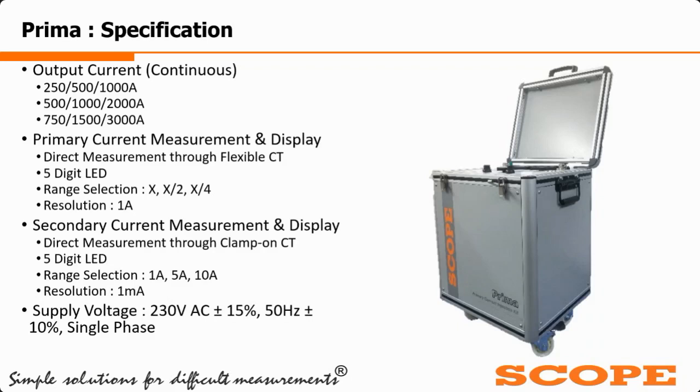If CT secondary is 5 ampere, for that we have provided a 5 ampere range selection, and one extra range for any other application, that is 10 ampere. And resolution of the secondary current measurement display is 1 milliampere. And we can operate the instrument with a single phase AC supply, that is 230 volt AC.